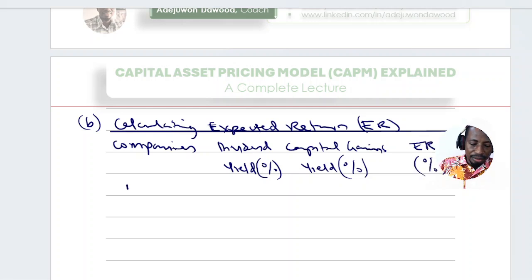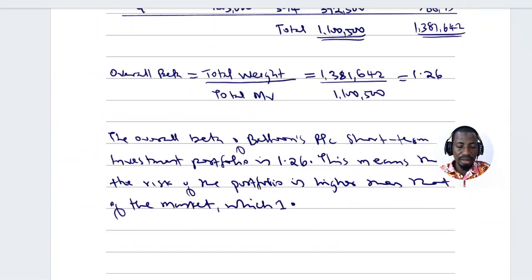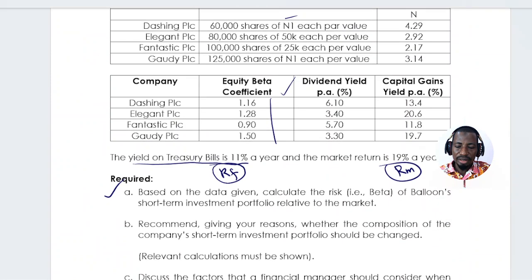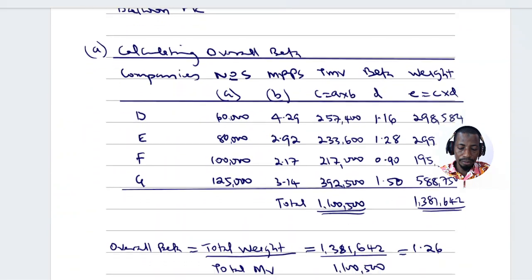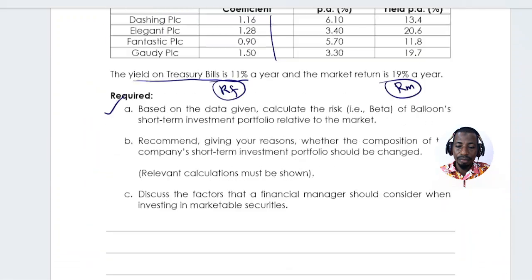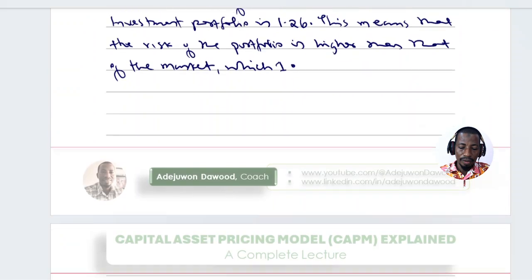So company Dashing PLC, Elegant, Fantastic, and then Gaudy. The dividend yield given in the questions is 6.1, 3.4. Next one, 5.7, 3.3.